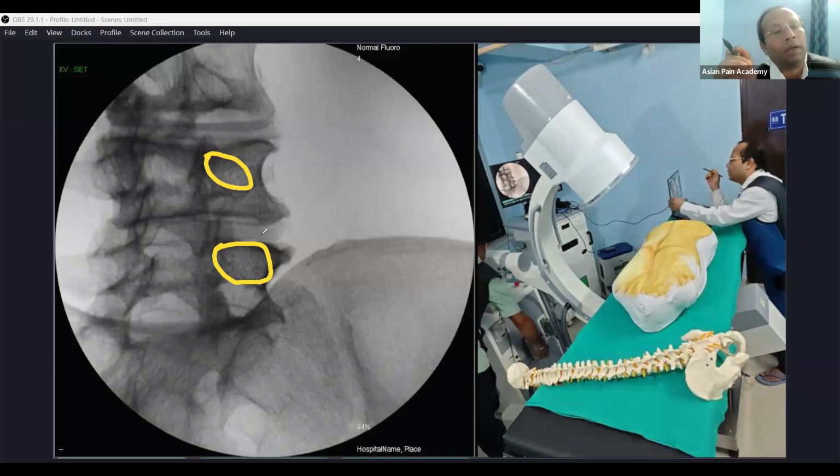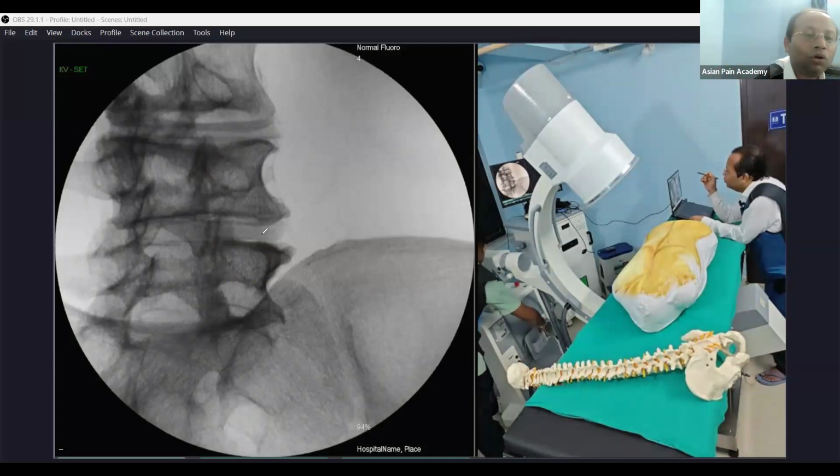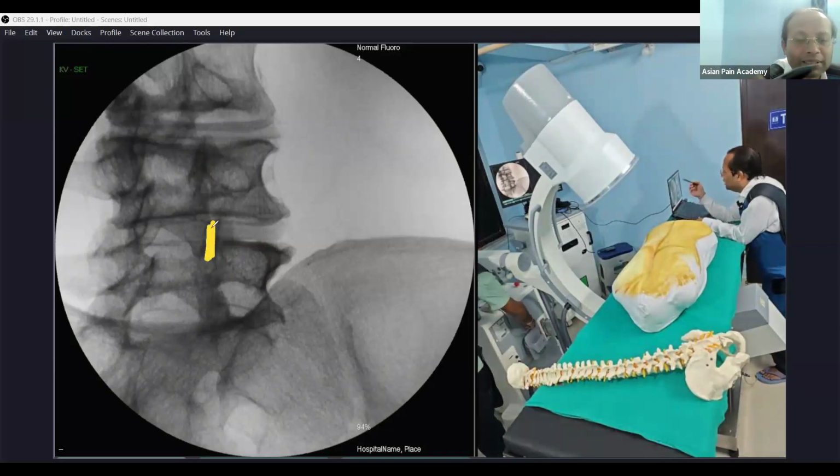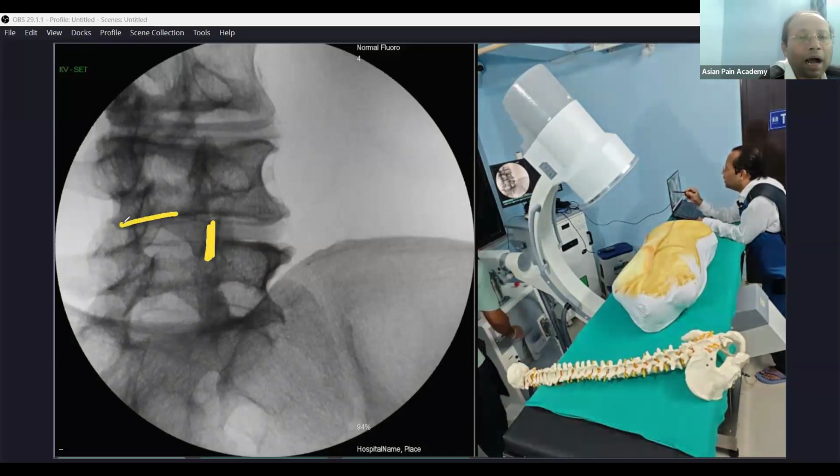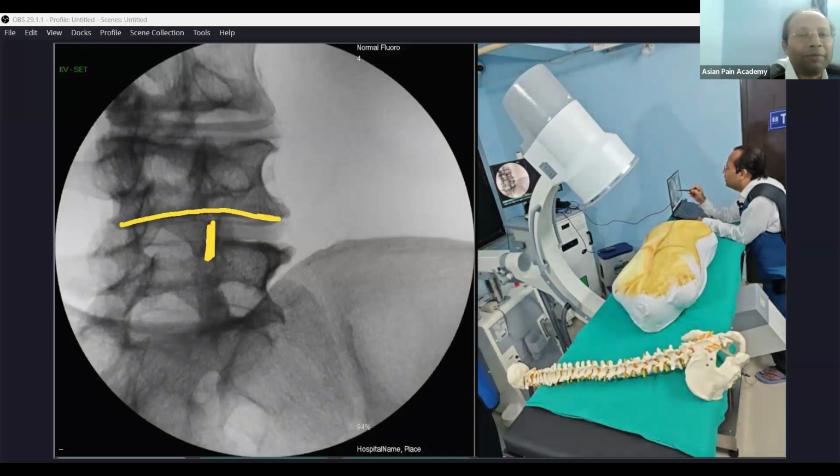So how much oblique will we do? We will do this much oblique, so that the facet joint line on the same side comes to the half point of the above end plate. So this is the half point, and it is nearly the same.